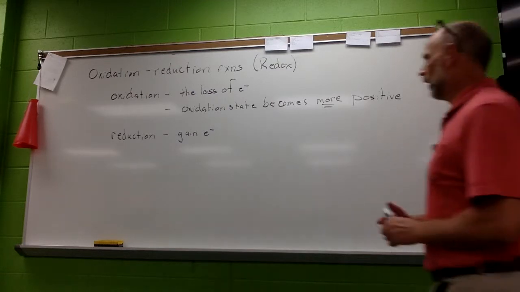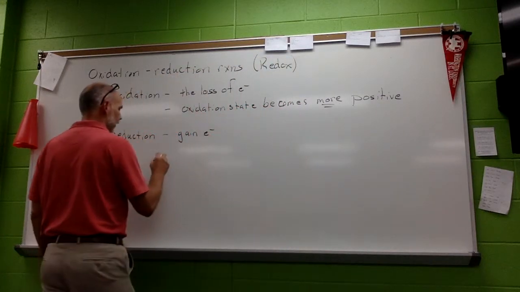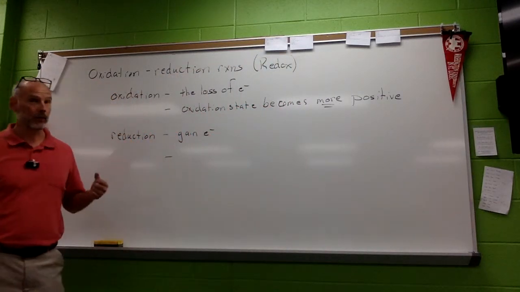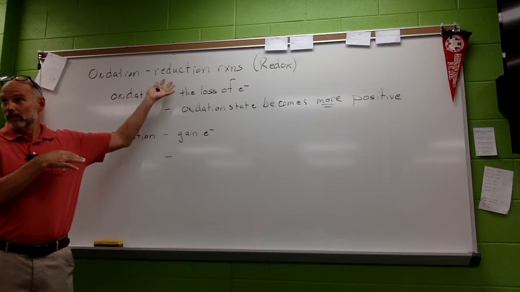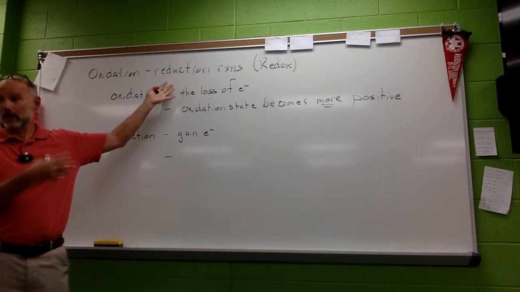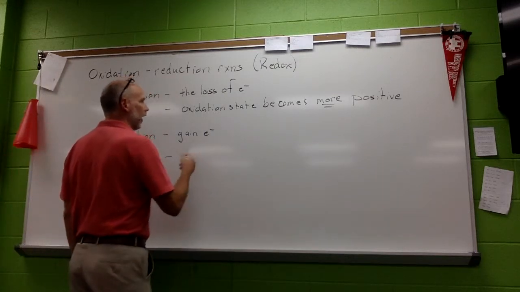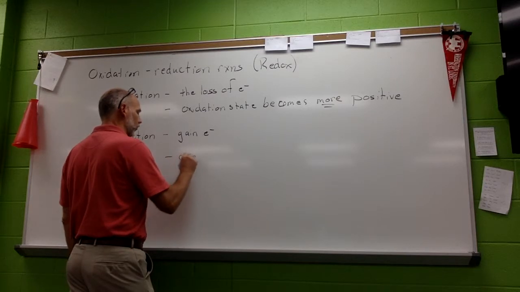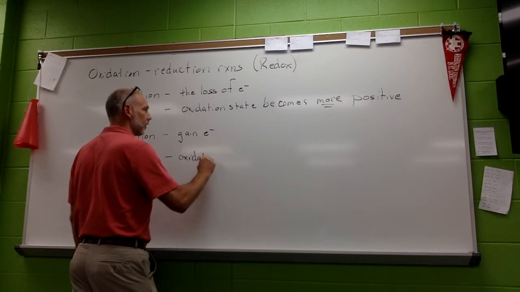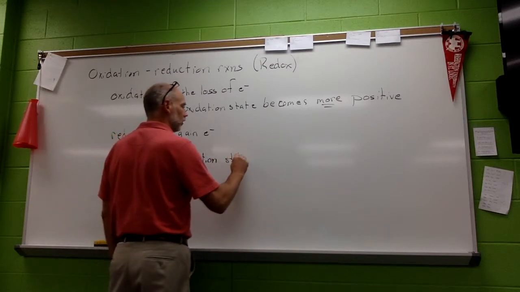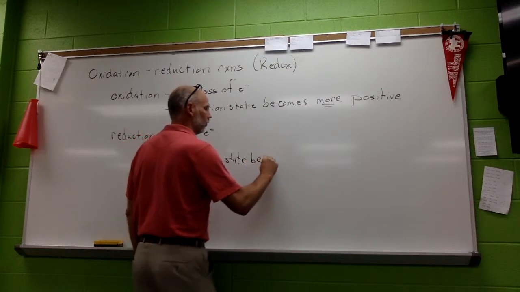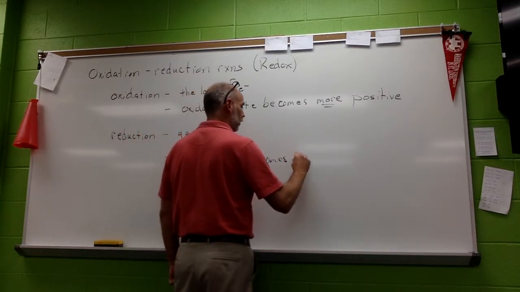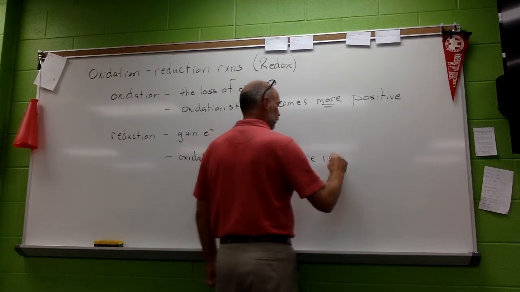Anyway, so we're going to gain electrons. Where are those electrons going to come from, do you think? The species that oxidized. Okay? And then, in this case, the oxidation state becomes more negative.